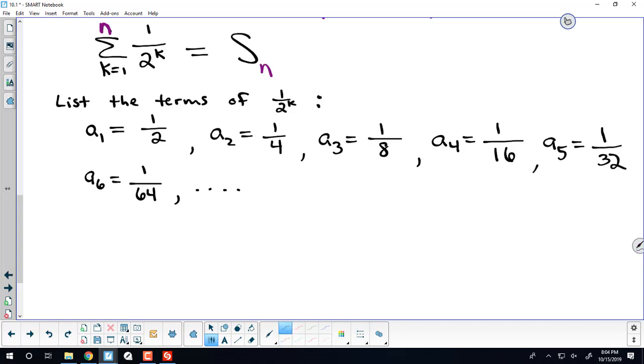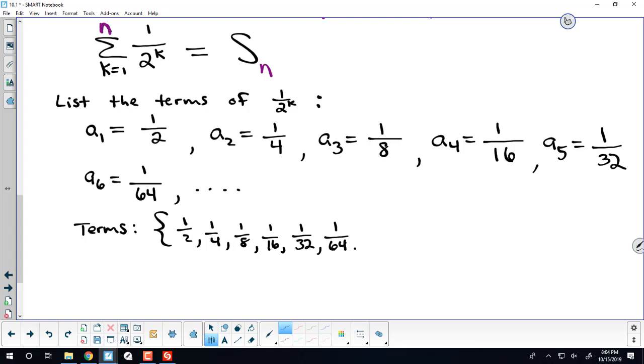So our terms for this sequence are 1/2, 1/4, 1/8, 1/16, etc. You have to add those.